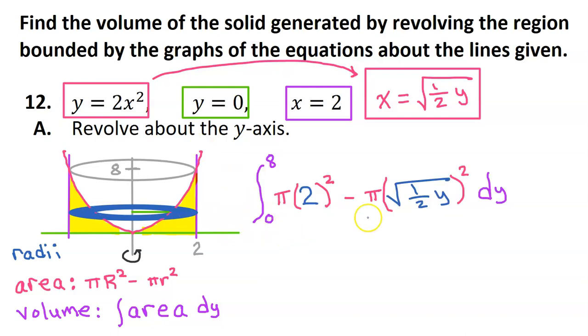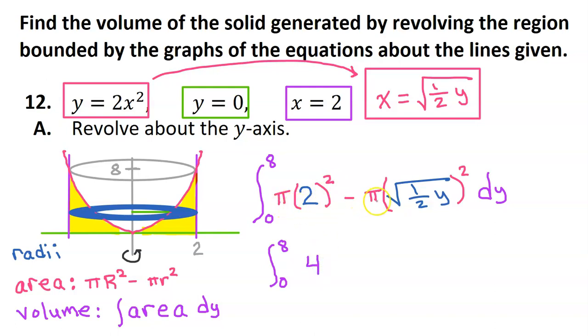This is a calculator active problem, and I could type this expression into the calculator exactly the way it is. However, it might be easier to type it in if we simplify a little bit. So integrating from 0 to 8, but 2 squared is 4. So I could make this a 4.